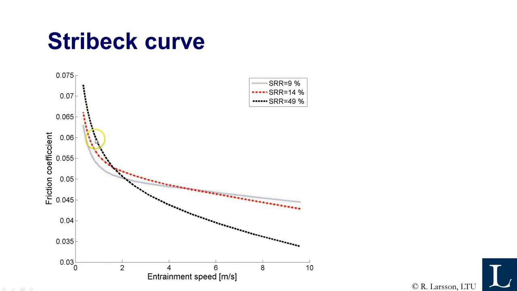The Stribeck curve for EHL looks a little bit different from that for journal bearings, but up here at low entrainment speed you have mixed lubrication and high friction, but then it goes down with speed, and with increasing speed you get more heating and then also lower friction. The higher the sliding, the more heating, the lower the friction coefficient. Remember that this is the coefficient.